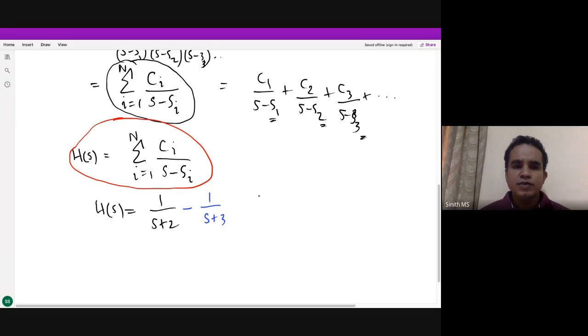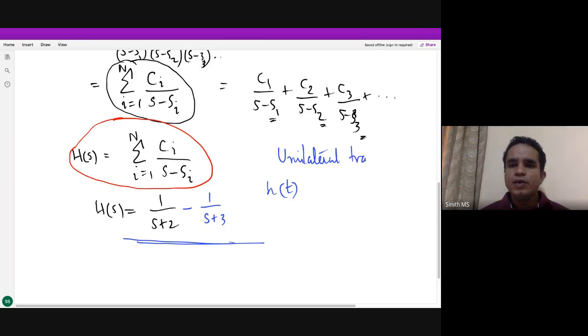Okay, now 1 by s plus 2 minus 1 by s plus 3. Can you find h(t) corresponding to this, considering that the Laplace transform that you have done is the unilateral Laplace transform? Unilateral Laplace transform or unilateral Z transform, what does that mean? It means that your summation, whether it is integral or summation, is on the positive side.